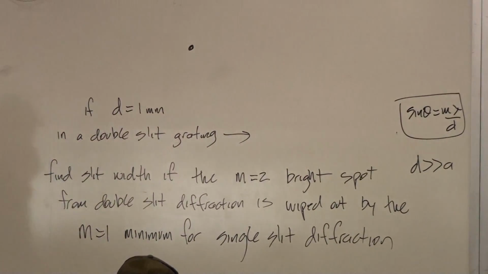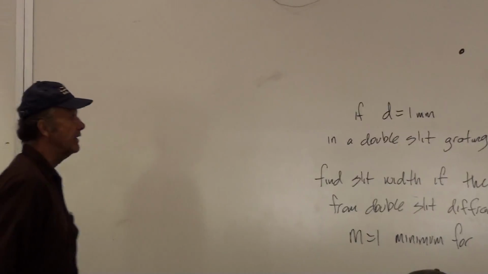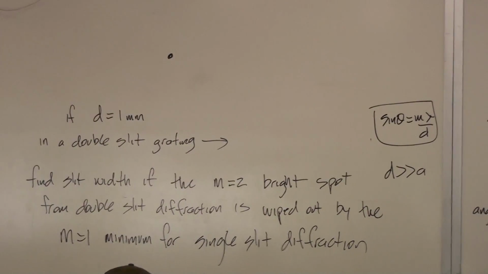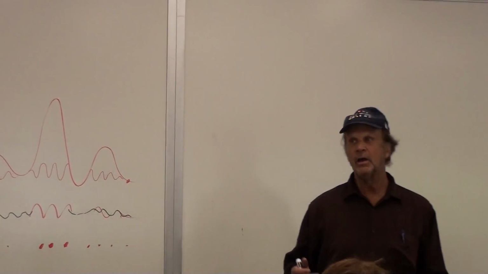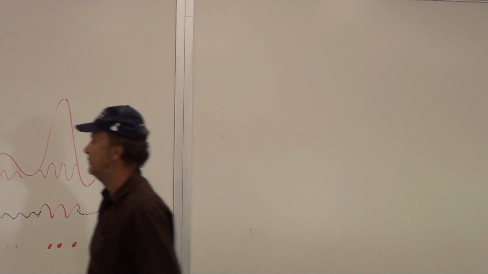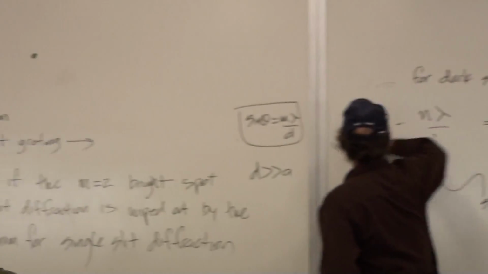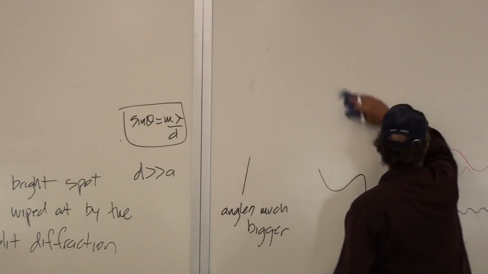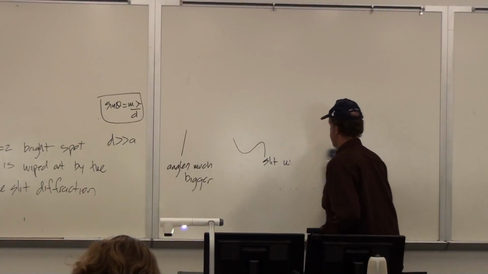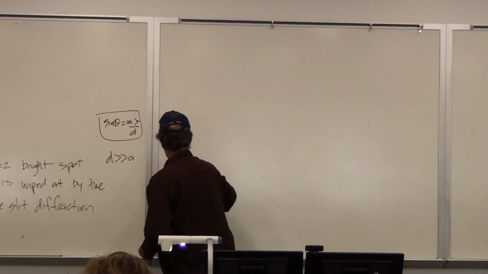So you might think here that we would need to know the wavelengths. But let's do a graphical thing first, just to see if we can picture what is being asked for in this problem. First of all, I'm going to draw the single slit pattern because it's the bigger one, bigger in angle.